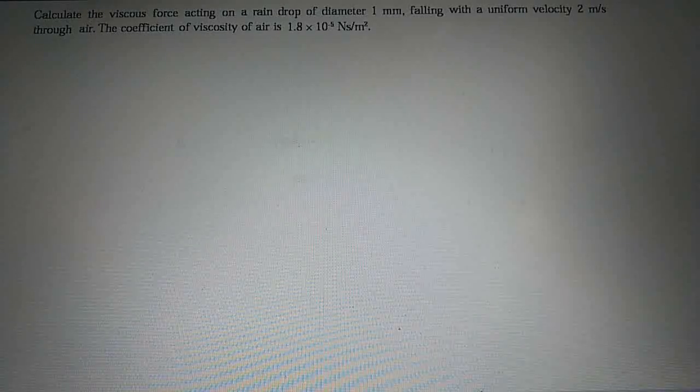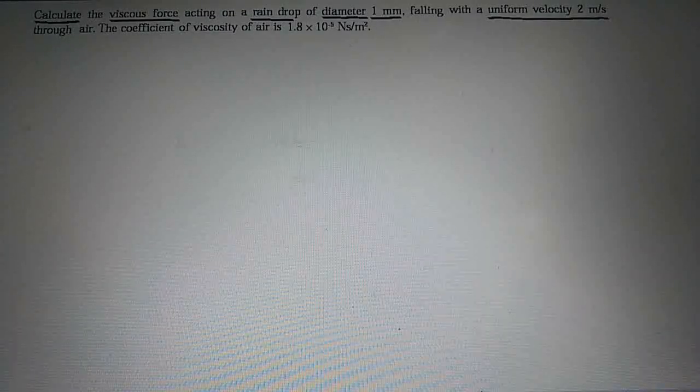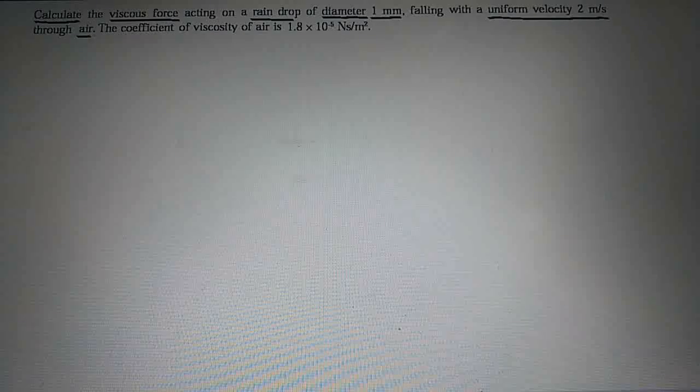The question is, calculate the viscous force acting on a raindrop of diameter 1 mm falling with uniform velocity 2 meter per second through air.